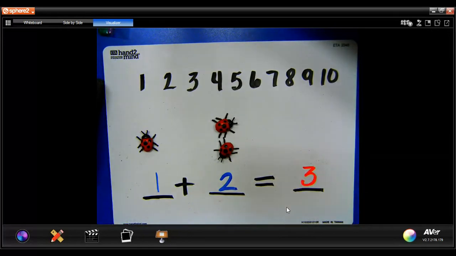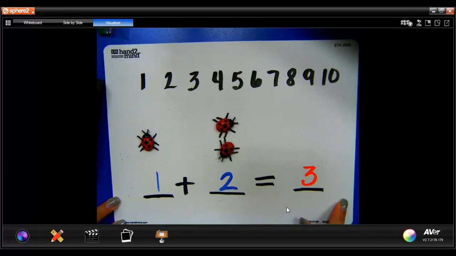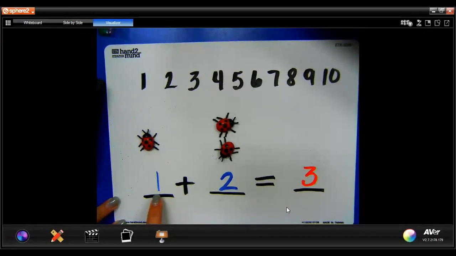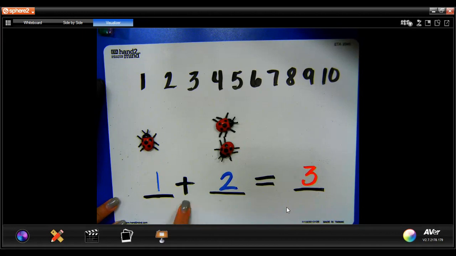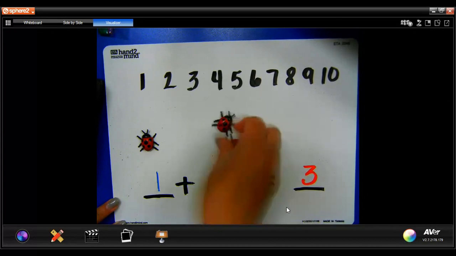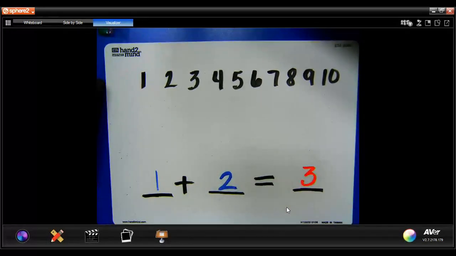Okay. So now we're going to read our addition sentence. And this is how you read it. 1 plus 2 equals 3. Okay, now you read it with me. 1 plus 2 equals 3. Good job. So now let's do a new problem.